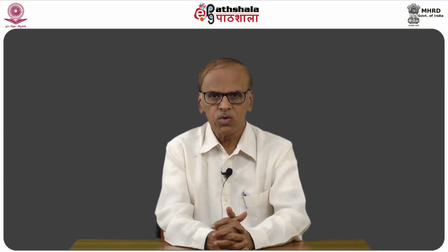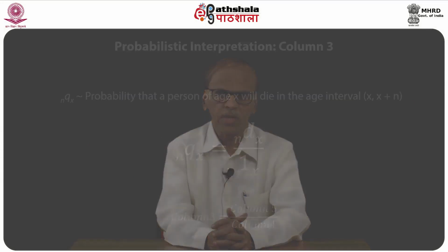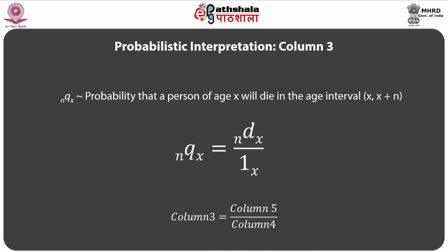The nqx column has a probabilistic interpretation. nqx is the probability that a person of age x will die in the age group x to x plus n. That is, nqx equals ndx divided by small lx.